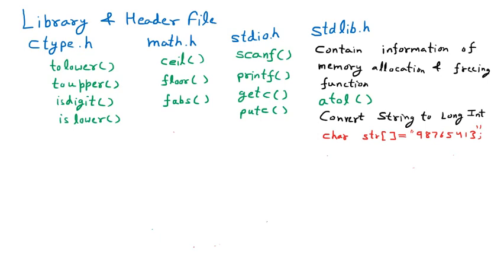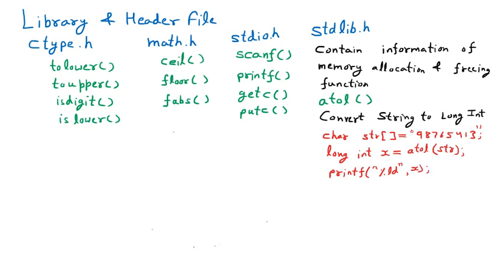So we are taking a long int variable, let us suppose x, and then we are saying equal to, using the function a2l. In the bracket we are passing that string. Afterward, we print it with printf, percentage ld, which is for the long integer, comma, x.